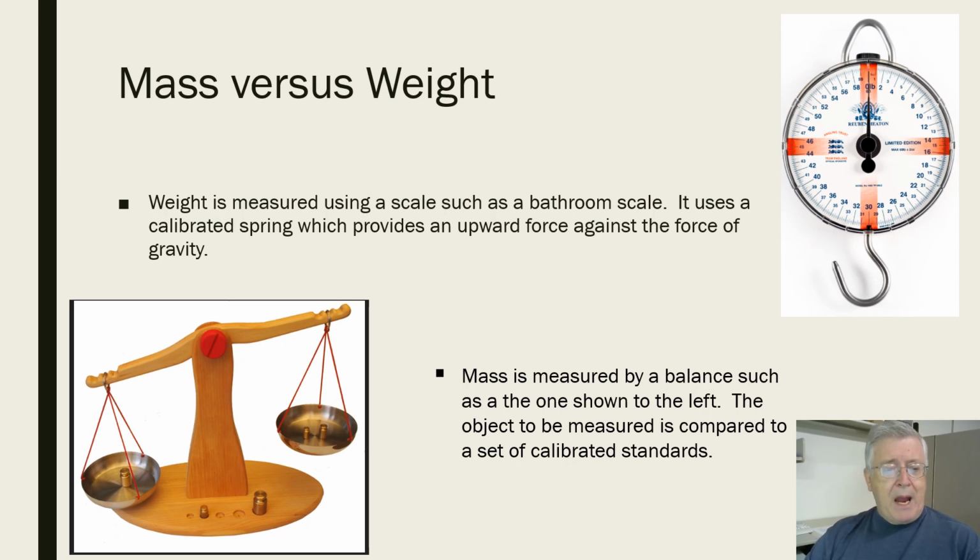And you put the masses in the one side, put your object to be weighed on the other side, and you can get a weight. There are other kinds of balances that are used for many different things.